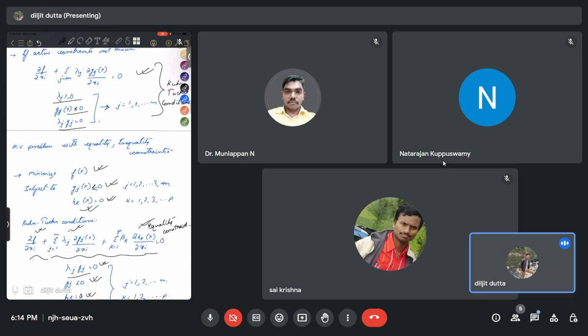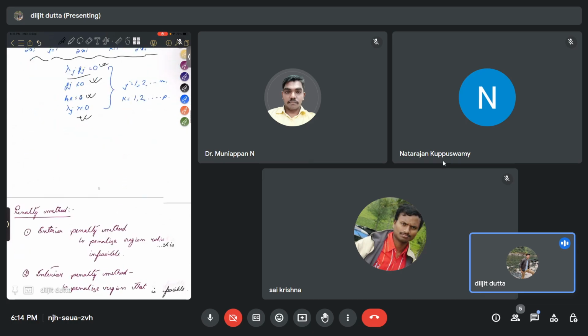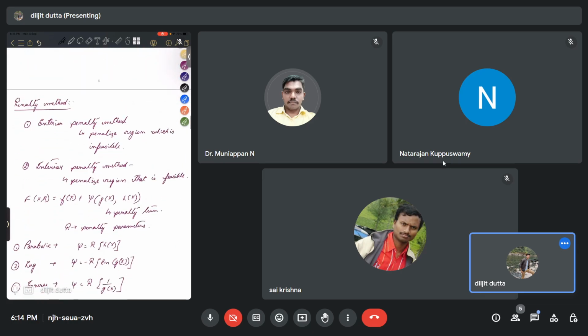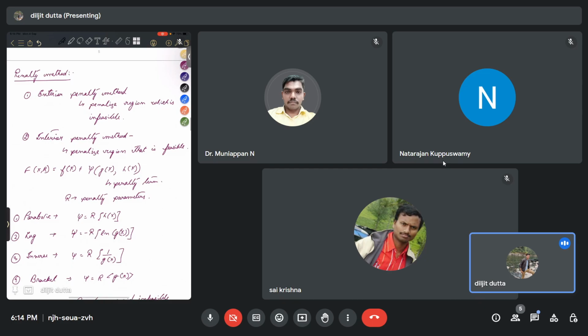So this is the theory relating to optimization with inequality constraints. We will see it through problems after we discuss the penalty method. So I'll just brush up the concept of the penalty method. In the penalty method, we penalize the constraints and then add them to the optimization function to make it an unconstrained optimization problem.